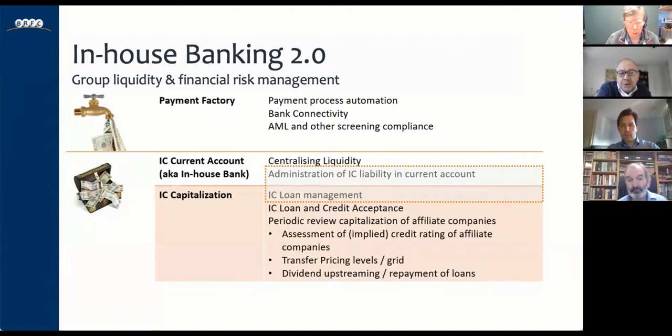And the third element that we have to add to the payment factory and what we currently know as the in-house bank is to formalize the intercompany capitalization process. And we need to have a better intercompany loan management, but we also need to implement processes around credit acceptance and credit monitoring.